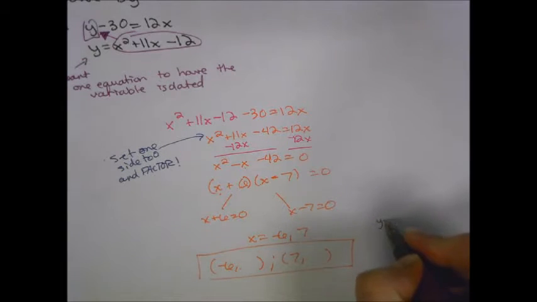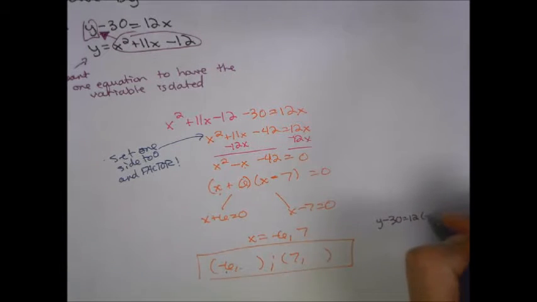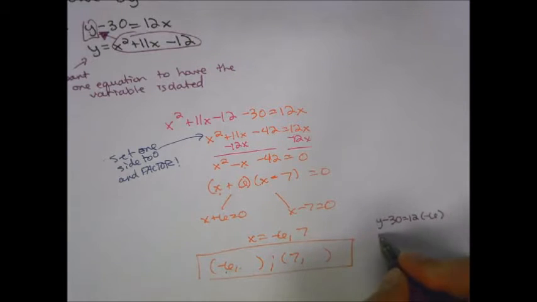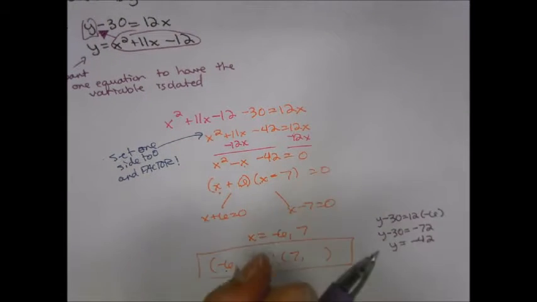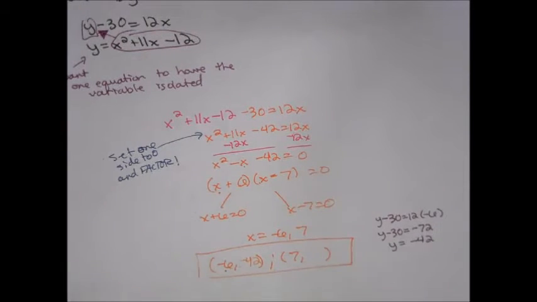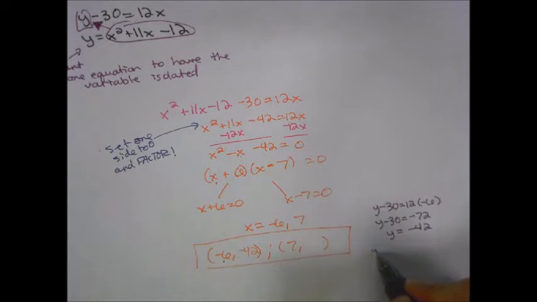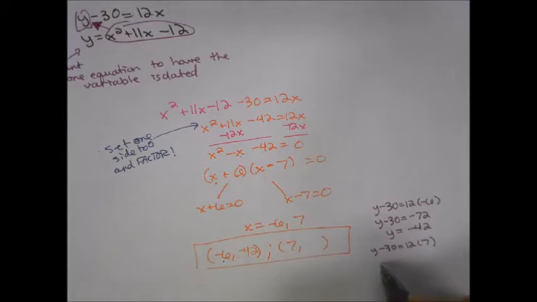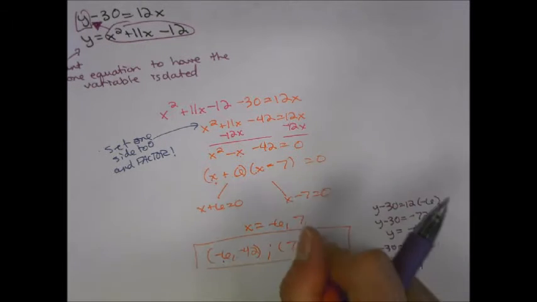So y minus 30 equals 12 times negative 6. y minus 30 equals negative 72. Y equals negative 42. We have a negative 42 here. Y minus 30 equals 12 times 7. Y minus 30 equals 84. Y equals 114. We have a 114 here.